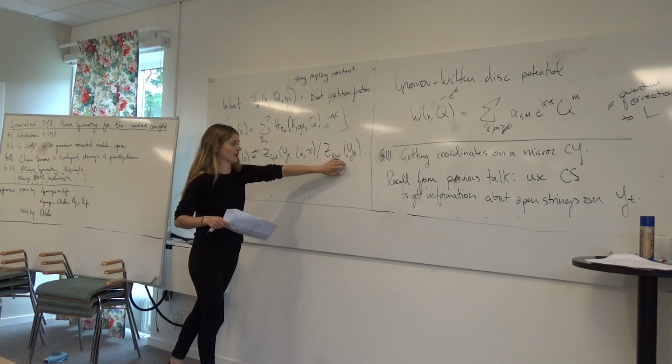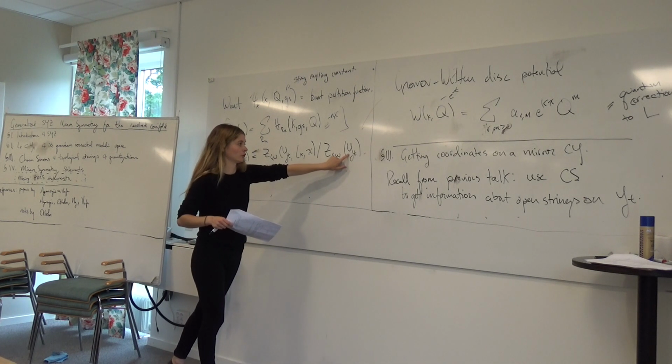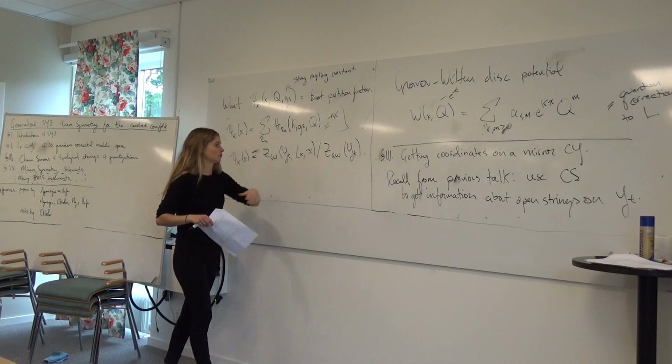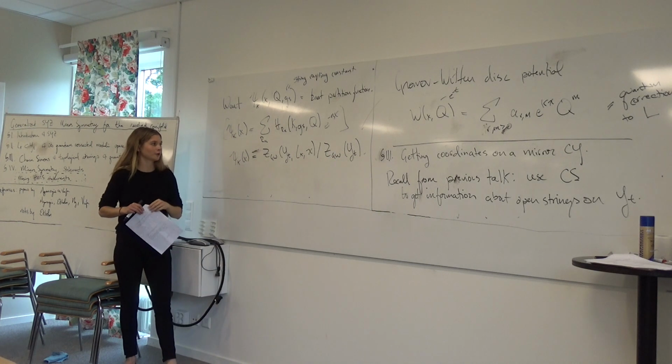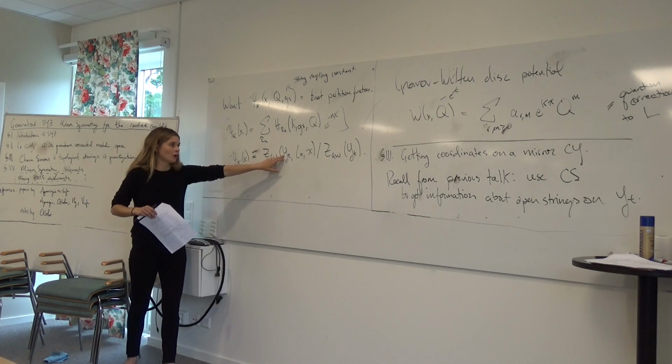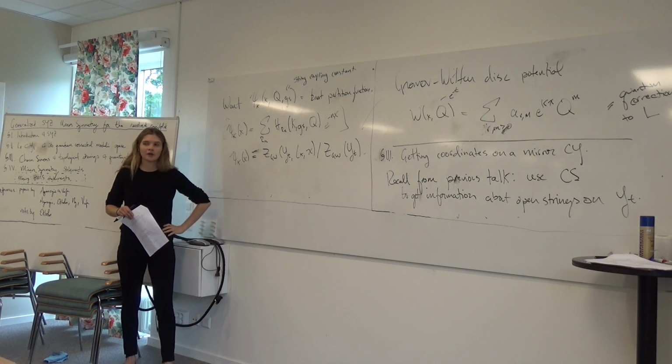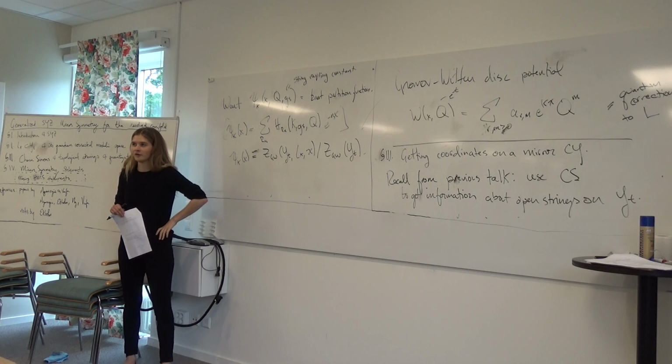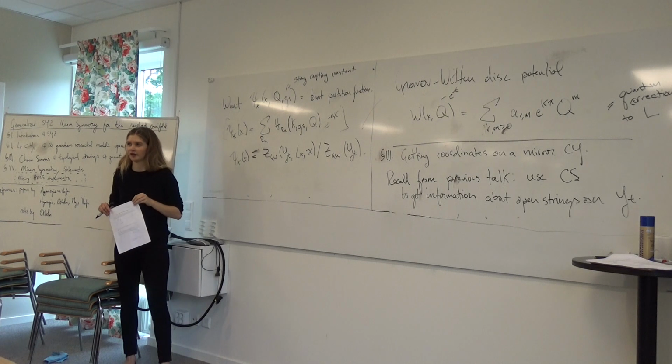And then you divide out by your Gromov-Witten partition function, which counts strings on your resolved conifold. Both of these, like I said, are very mysterious objects, and I don't really have enough time to talk about why they show up.